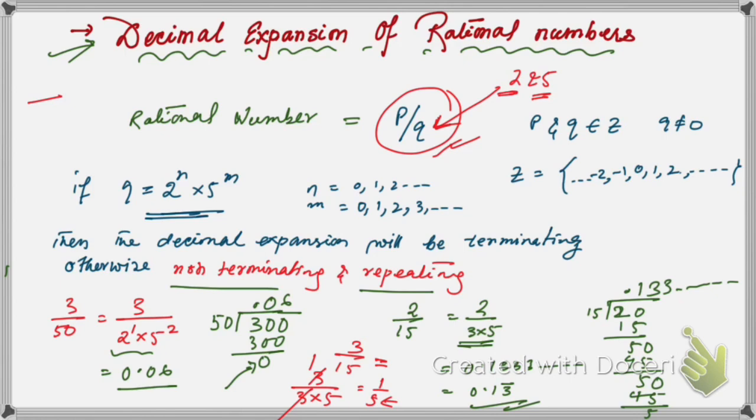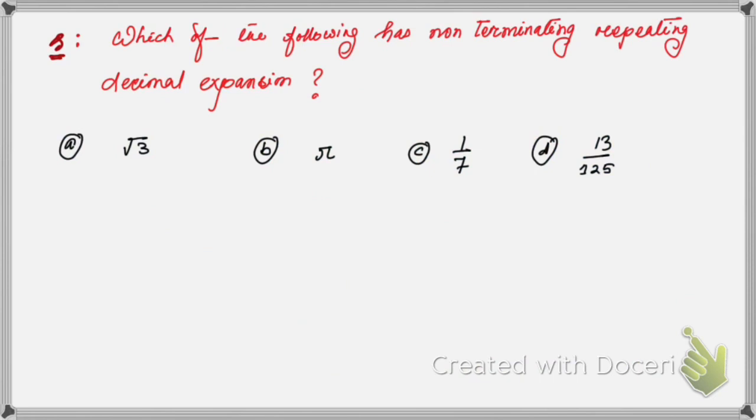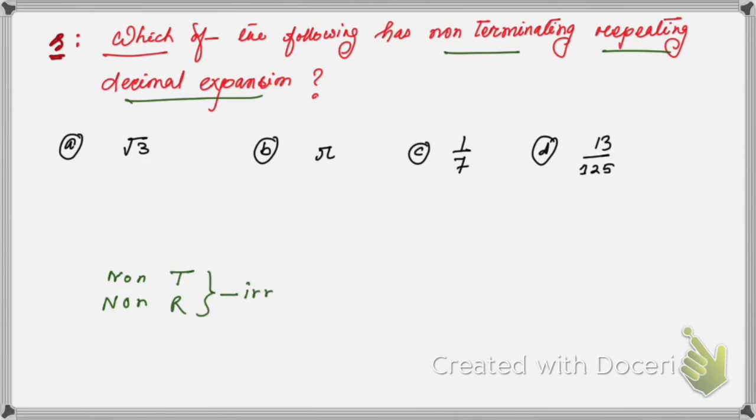So now let's take some questions. Here you see, which of the following has a non-terminating, repeating decimal expansion? Non-terminating and repeating, right? If you have non-terminating and also non-repeating, then it's going to be irrational, right? If you have non-terminating but recurring or repeating, then it's going to be rational, right?